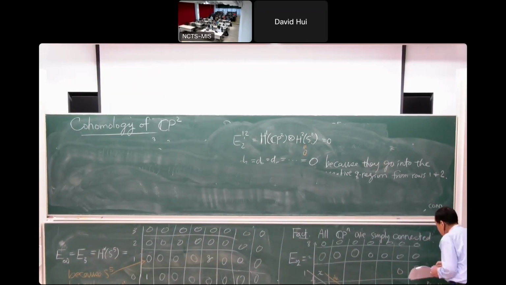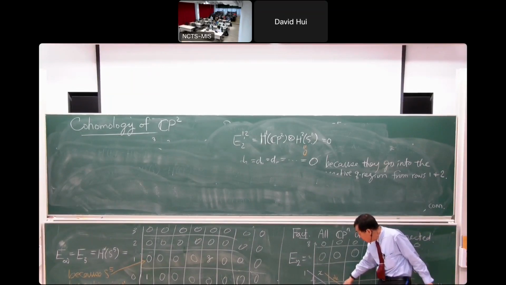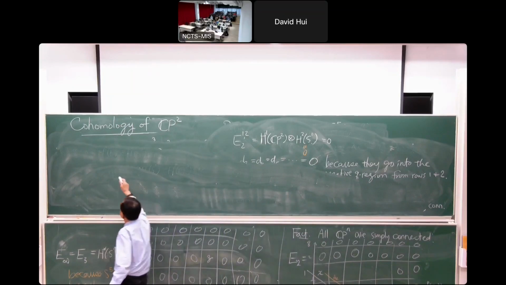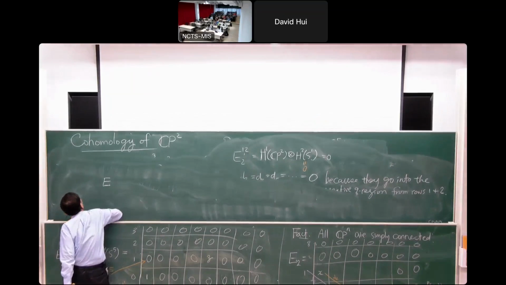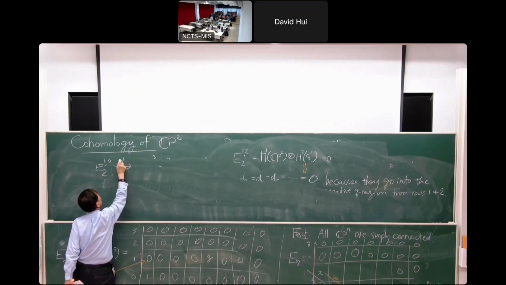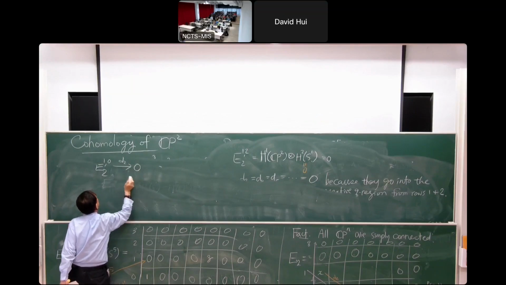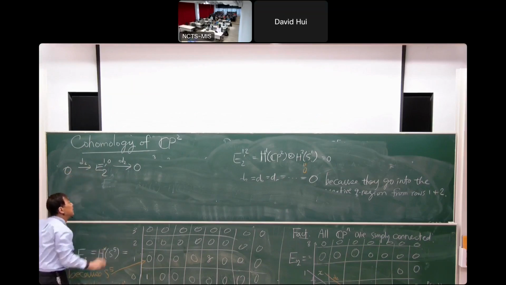Okay, so now we are looking at this box, E2 1,0. It has a D2 that goes out, and it has a D2 that comes in.